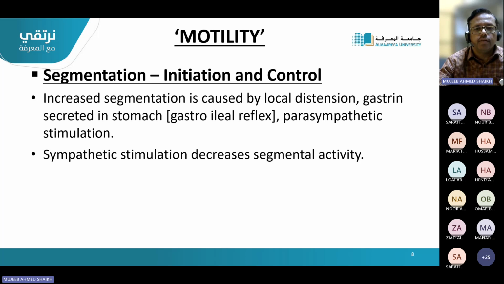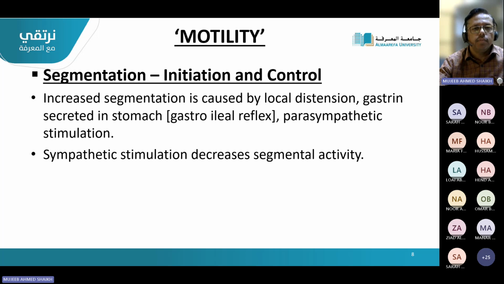Also by gastrin. Gastrin is a GI hormone which is secreted by the stomach cells, and then it will act on the intestinal smooth muscles. This will lead to rings of contraction. This is known as the gastroileal reflex.